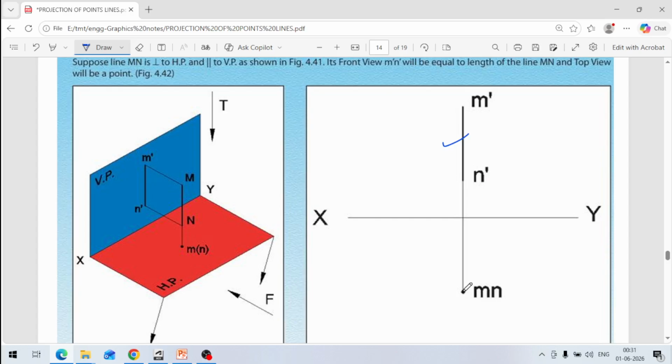So this is the point here. This is the case where the line is parallel to the vertical plane and perpendicular to the horizontal plane, so only a point is projected here like this.